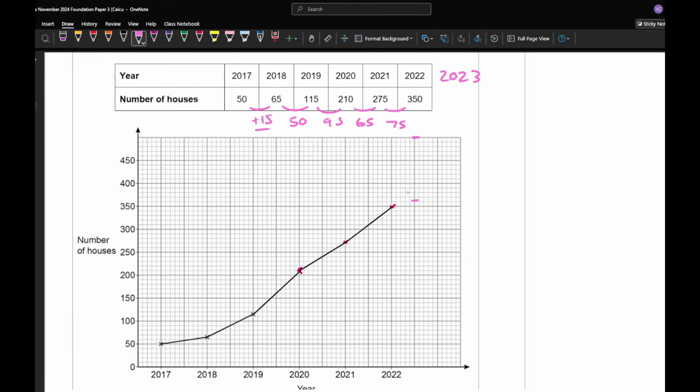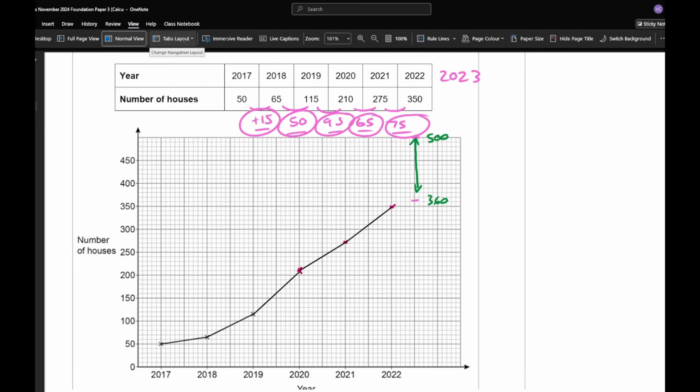So again, just a benchmark, typically speaking for a time series graph, you want to use the average of those numbers, but you can see that sometimes it has a small increase, sometimes it has a big increase. So any increases of any of these numbers or something close by would be acceptable. But I would say anywhere your mark with a straight line being plotted between 360 and 500 will be accepted.